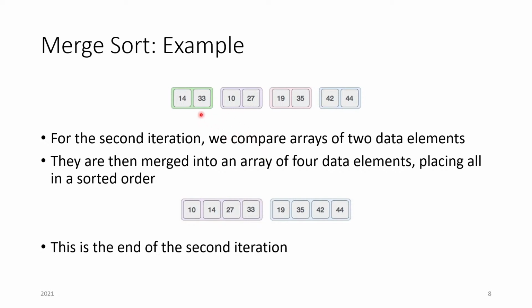Once these elements are compared and sorted again, this will be the end of the second iteration, where each grouping of 4 elements is sorted from lowest value to greatest value. So you'll see here, 10 will be the least value, then the next values will be 14, 27, and 33. Similarly, 19 will go here, then 35, then 42, and 44.